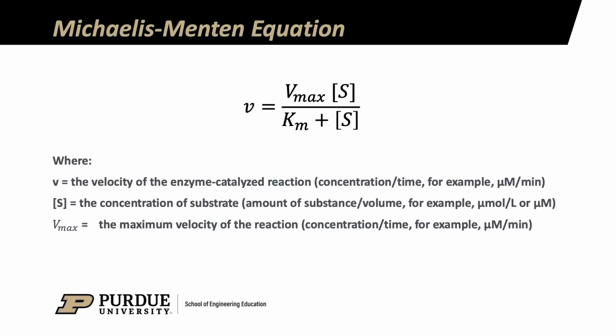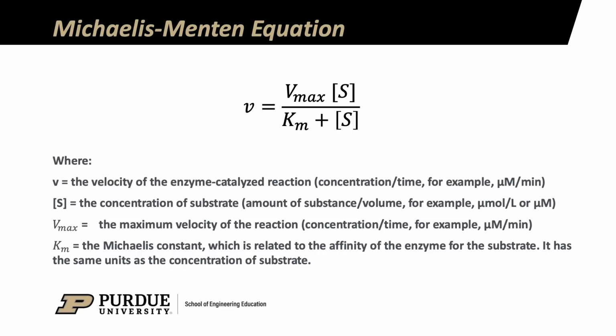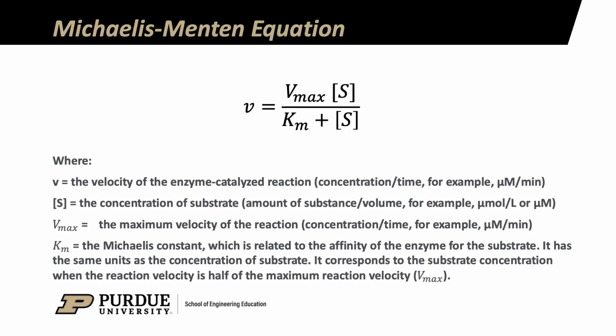Vmax is the maximum velocity of the reaction, with units of concentration over time. And Km is the Michaelis constant, which is related to the affinity of the enzyme for the substrate. It has the same units as the concentration of substrate. As an important note, Km corresponds to the substrate concentration when the reaction velocity is half of the maximum reaction velocity, Vmax.